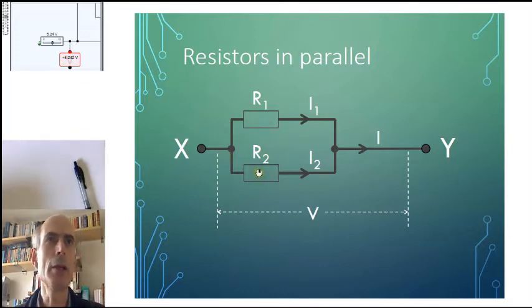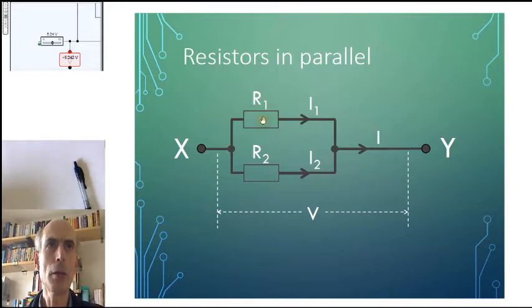Right. Now, in this situation, we've got the same voltage across each of the resistors. V, this difference in voltage between X and Y, appears across both of the resistors. So if we were going to apply Ohm's law to each of these two resistors, which we are, it would be the same voltage in both cases, but different currents, because the resistors have different values.